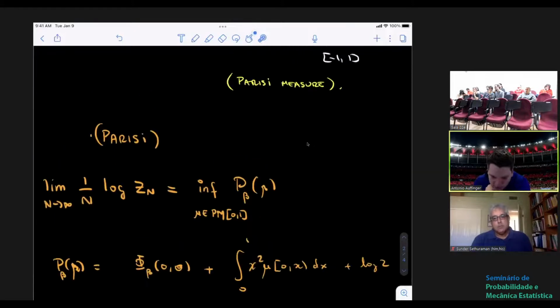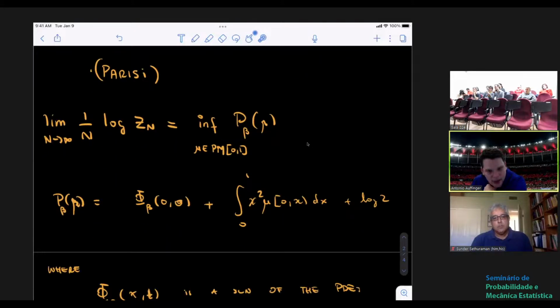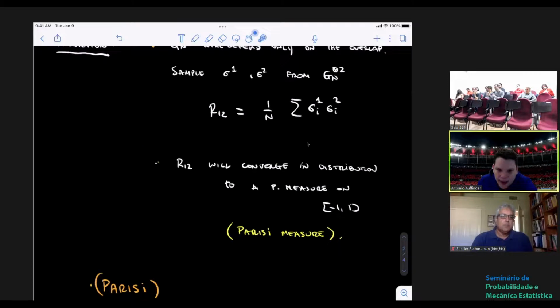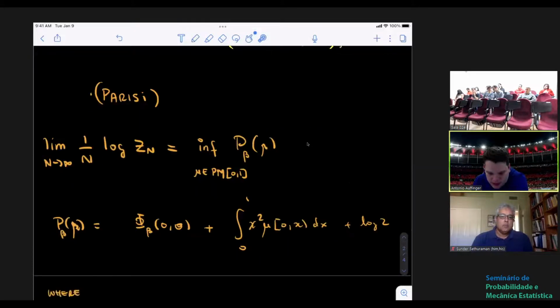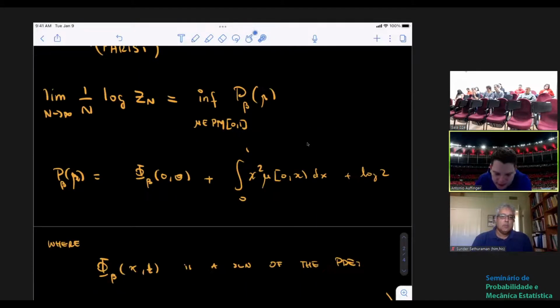The message here is that there is an explicit formula for the limiting free energy, but it is complicated. And this measure, which was predicted to describe the whole picture of the Gibbs measure, is exactly the minimizer of this variational problem.